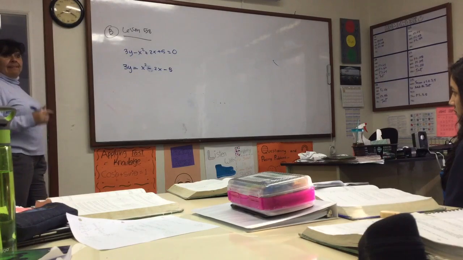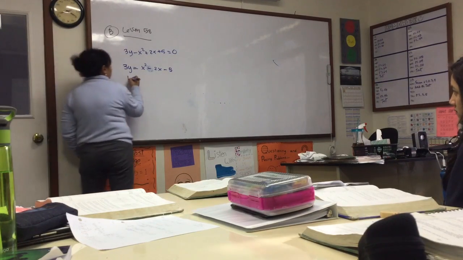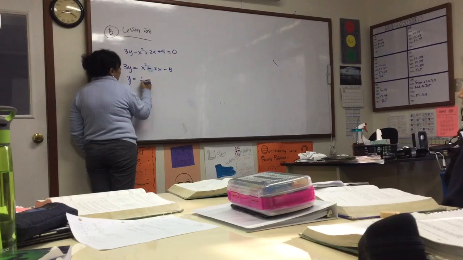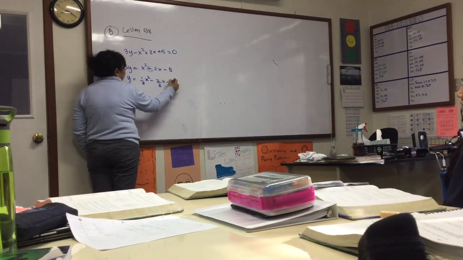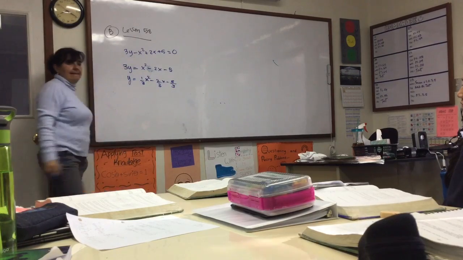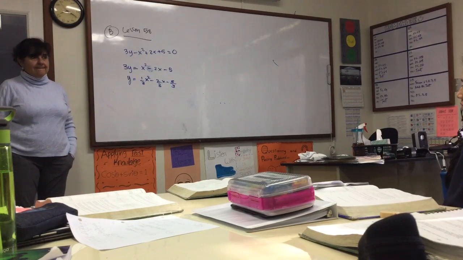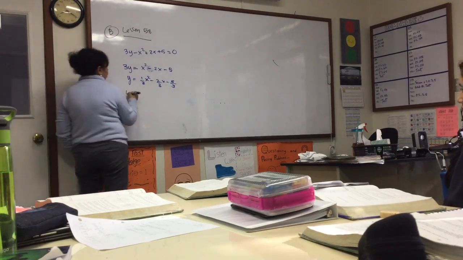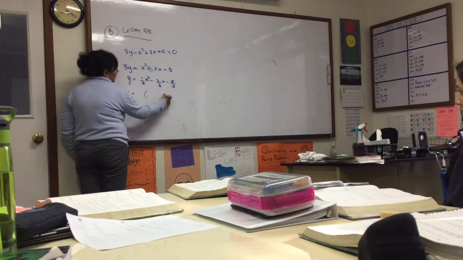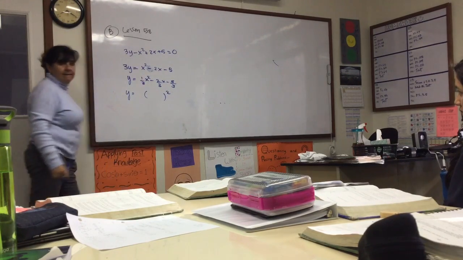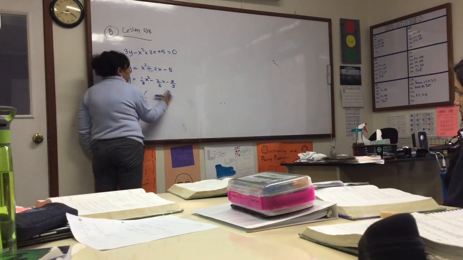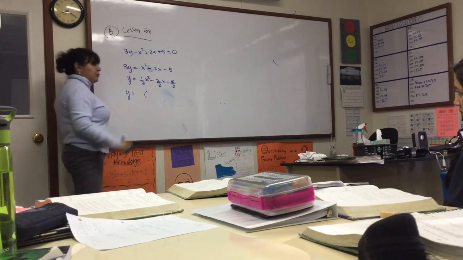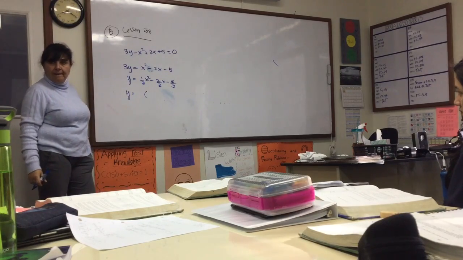You divide everything by 3. So that's 1/3 of x squared minus 2/3 of x minus 5/3. Okay? Now what? I have to get it like this somehow. You find the square. So I have to complete the square, but I have to do something else before I can complete the square.